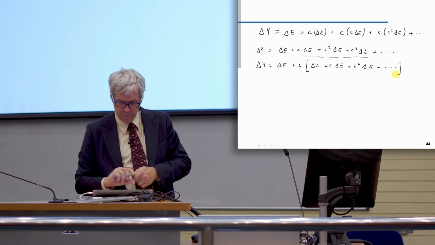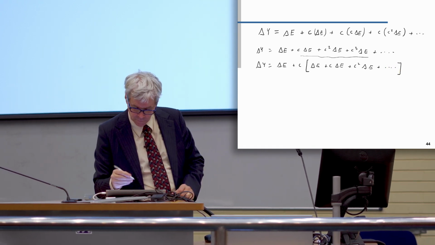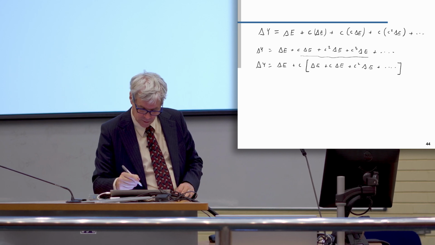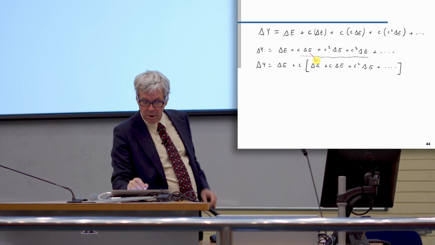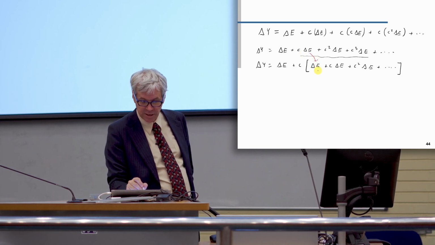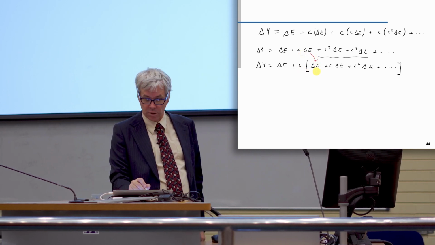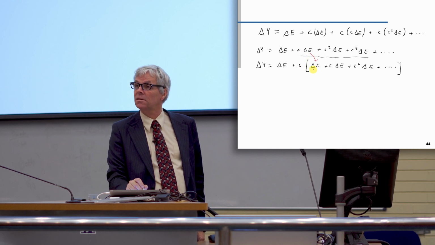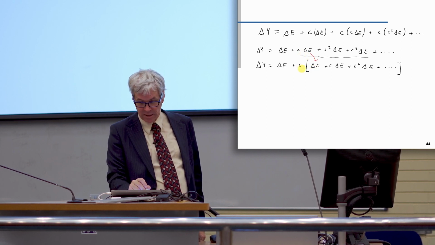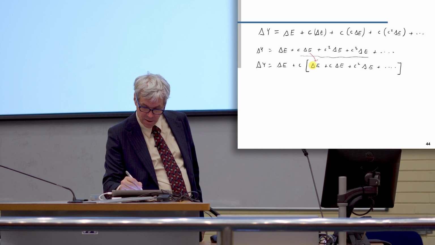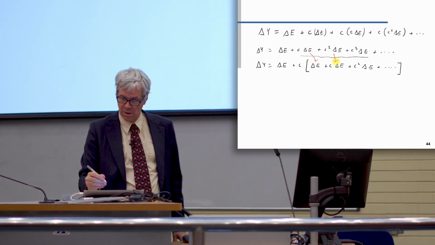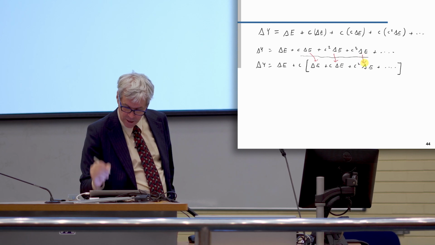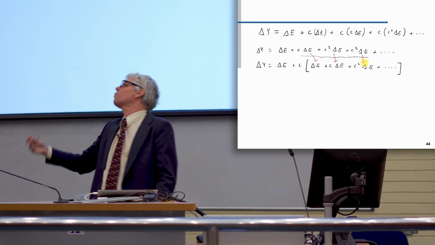And you'll notice here that this one here is this one here. I just factored out the c. So I took a c out, and now it's just delta e, right? But it's still c delta e because it's c times the bracket. This one here became that one here. I just took a c out. This one here became that one here, and so on. So I just rewrote it, right?